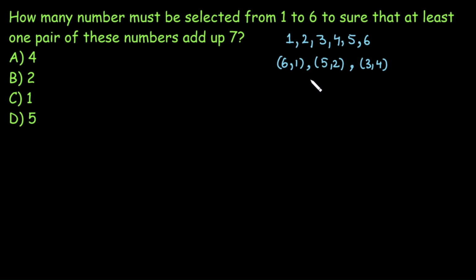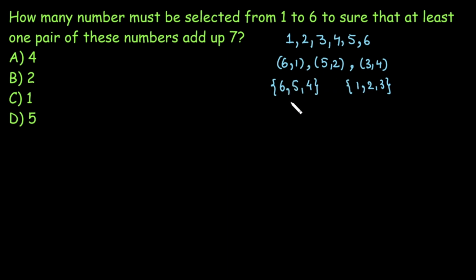Now we will choose the worst case. We will collect all those elements such that the addition of two numbers is not 7. So we can collect the numbers 6, 5, 4 in one set and 1, 2, 3 in another. In this case, no addition of two numbers is equal to 7. But once we add any number to the set, the summation of some two numbers will be 7.